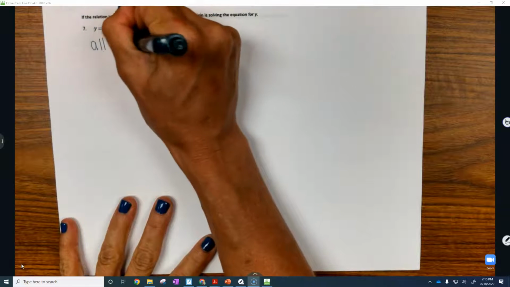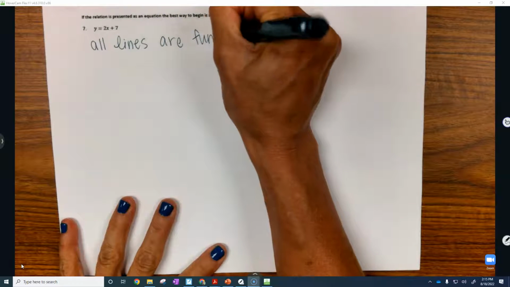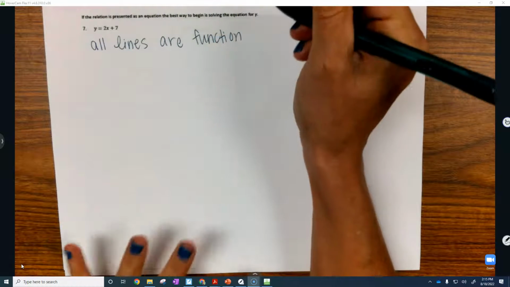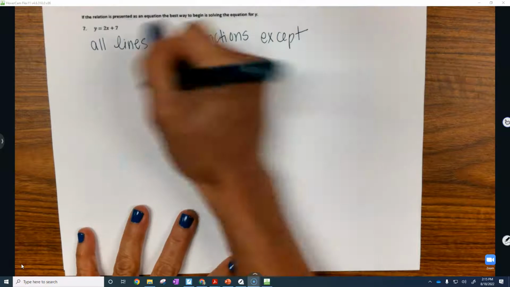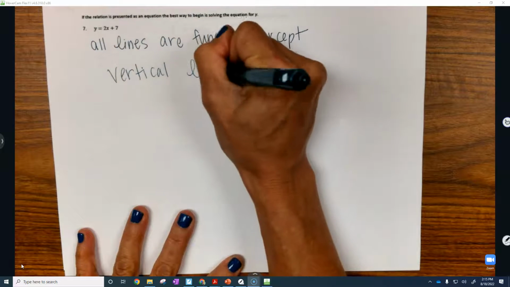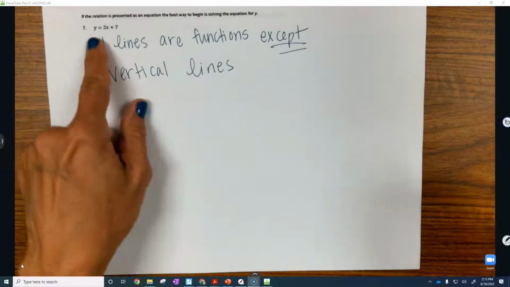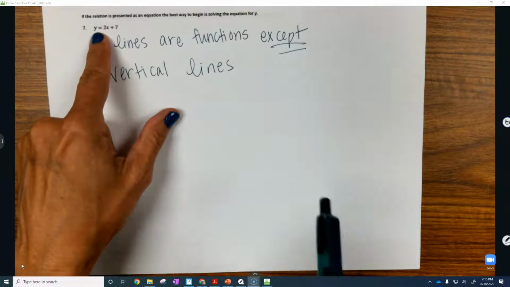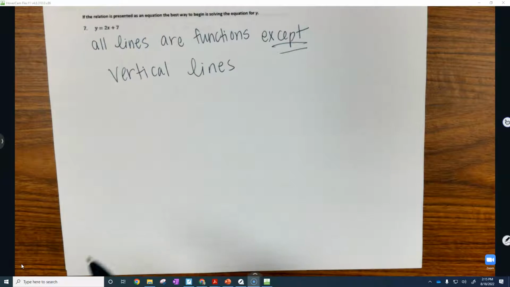All lines, you want a hint, are functions. There you go. Good job. Except vertical lines. That's why you use the vertical line test. And by the way, y is to what power right here? What is it understood when it's not written? First power, odd power, it's a function.